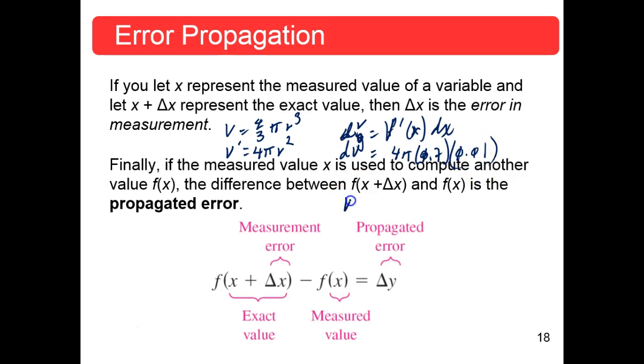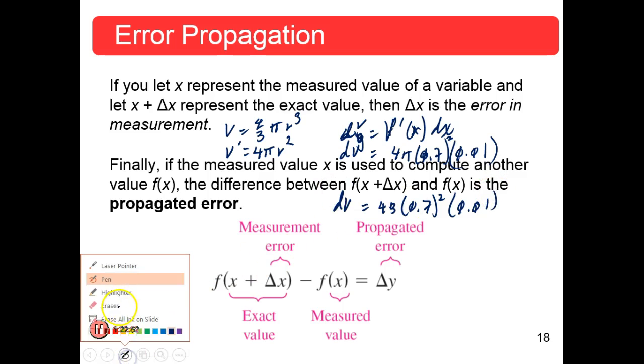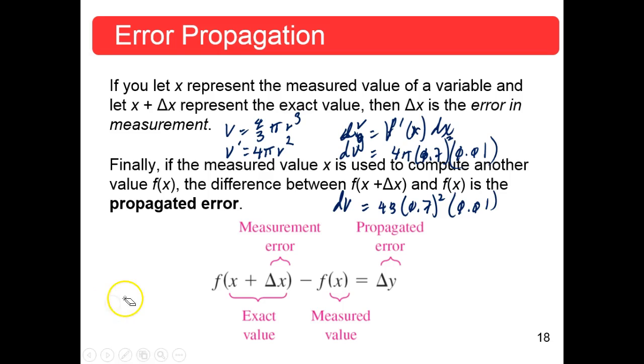So the dV here, your estimated error in volume, would be 4 pi times 0.7 squared times 0.01. I don't know what I just wrote here. I meant to say 4 pi, and I guess that's where the 3 came from.